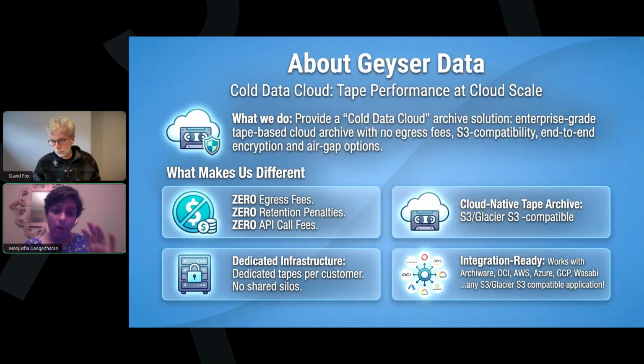Now, because they are dedicated tapes, the time to first byte is much faster. We do not have a situation where we're trying to pull your data, which has been sharded across multiple tapes, bring it together, and then have the time to put it together and then present it to you.